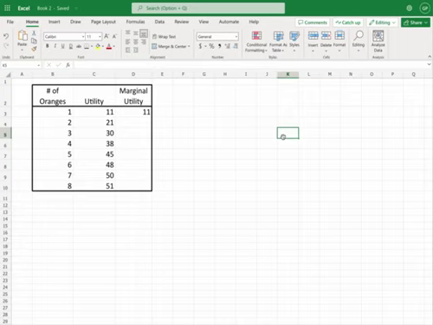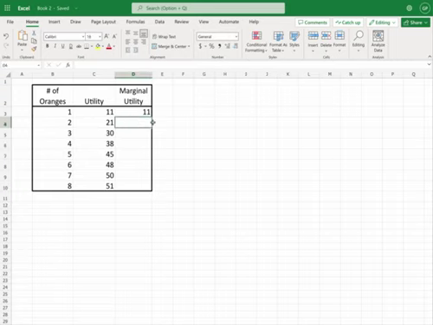This is because when we consume 0 oranges, we generate 0 units of utility from the consumption of oranges. So if I consume 0 oranges and I get 0 units of utility, the first orange I consume increases my utility to 11. So I go from 0 to 11. The marginal utility from that first orange is equal to 11.